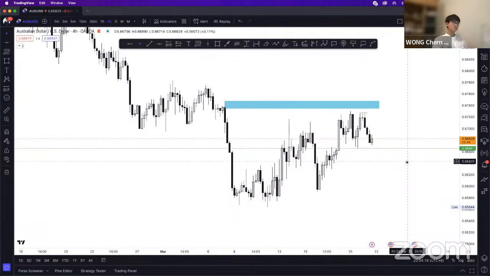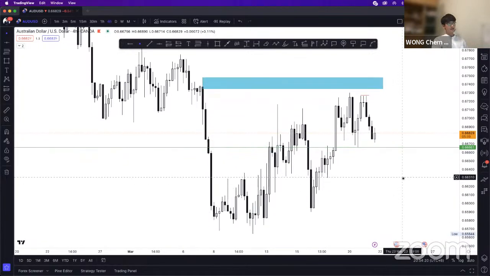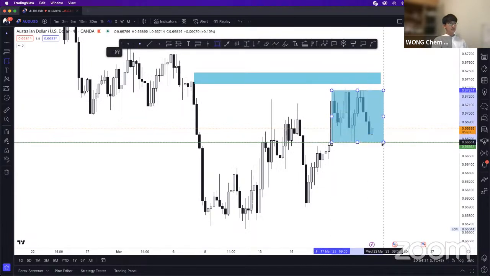I have reason to believe this area can be cleared. On the 4 hours time frame, we notice this entire consolidation on AUD/USD over here, which I've marked out in a blue box.